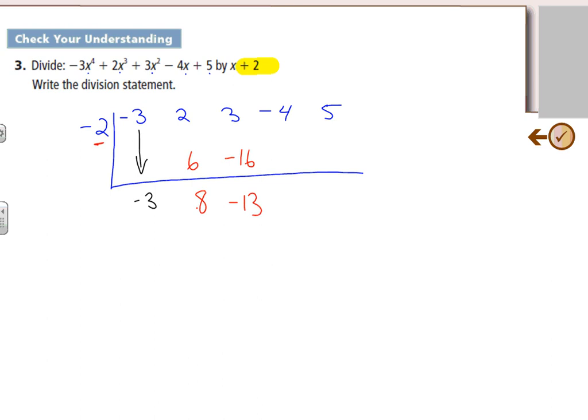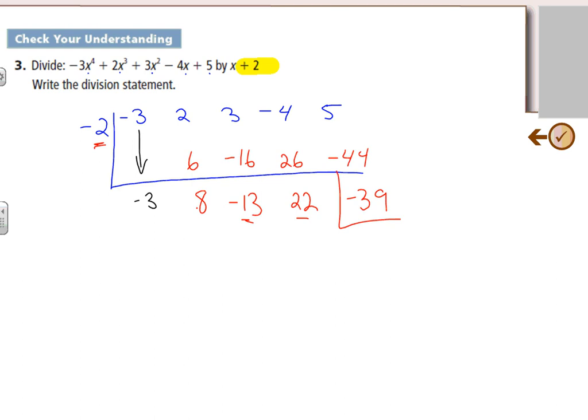Now negative 2 times the negative 13, multiply, gives me 26. And add 22. 22 times the negative 2 gives me negative 44. And add, negative 39. Box that last one in because that's your remainder.